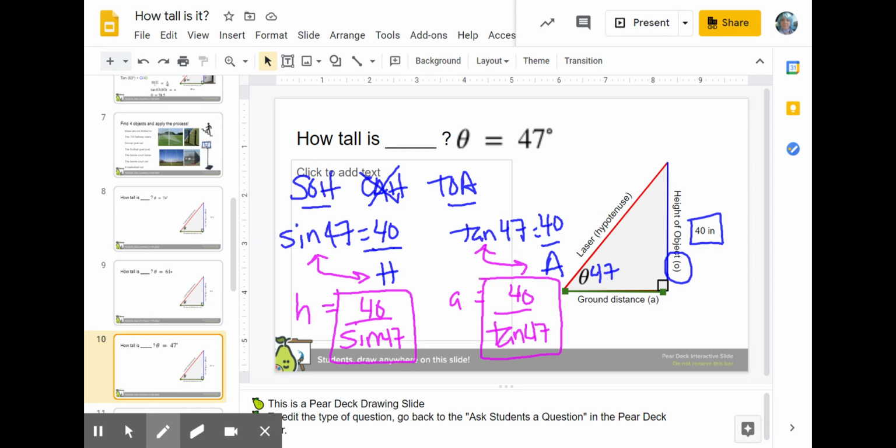Remember, the hypotenuse should be your longest side. But 47 is really close to 45. So my green angle is 43. That's still going to be the smallest side, but it's going to be really close to 40.